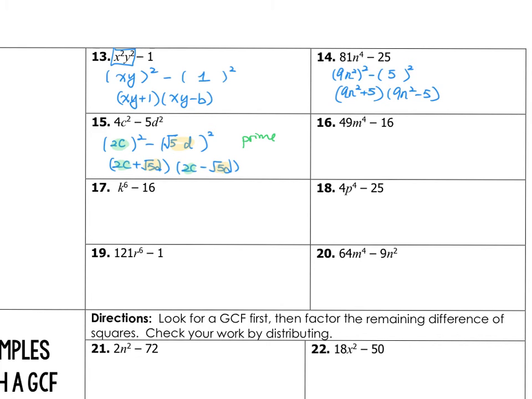Same thing here. Rewrite the first term into something squared minus the second term into something squared. 49, if I square root it, is 7. M raised to the 4th, square rooted, is m squared. 16 square rooted is 4. So my answer is a plus b times a minus b.